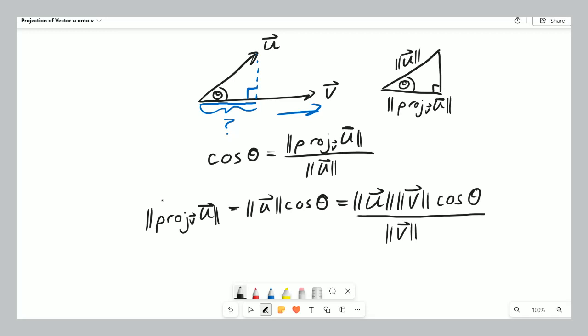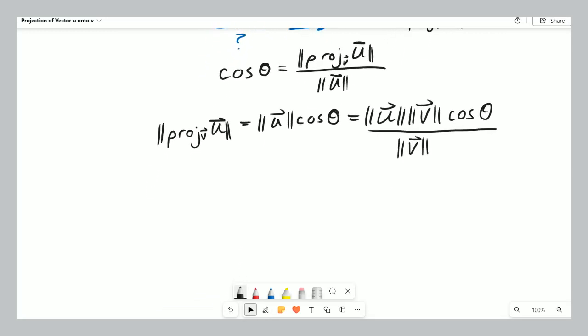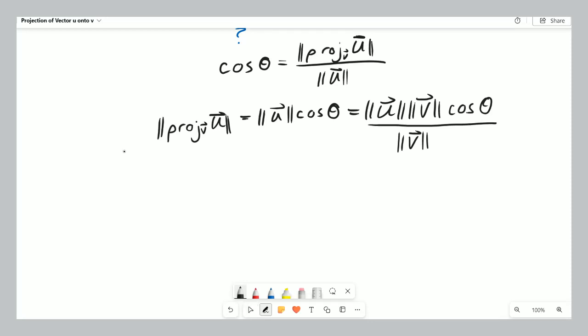The dot product between vector u and vector v is equal to the magnitude of u times the magnitude of v multiplied by the cosine of the angle between them. And the convenient thing about the dot product is that you can calculate it without knowing the angle between the vectors. So we can write that this equals u dot v divided by the magnitude of v. You can calculate this if all you know is the coordinates of these vectors without having to know the angle between them. Now this is the magnitude of the projection.